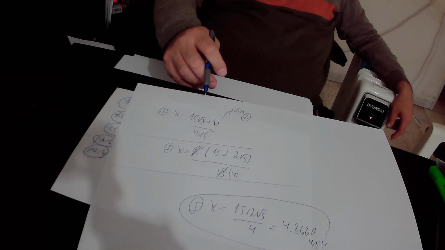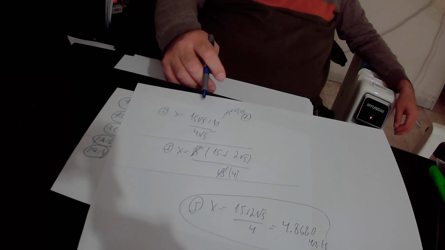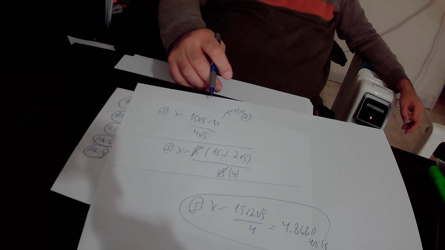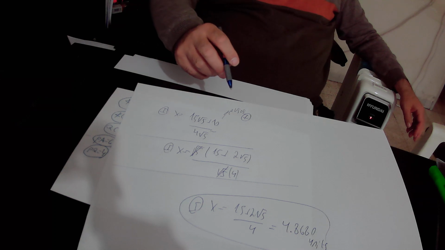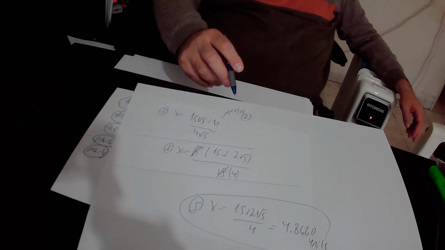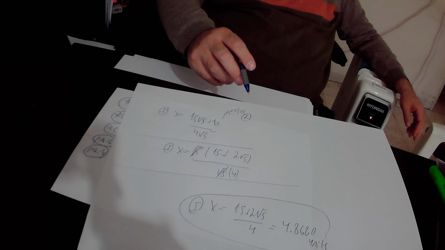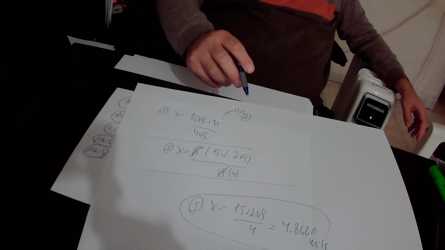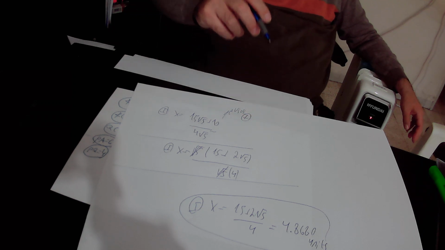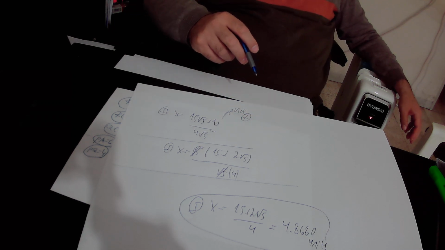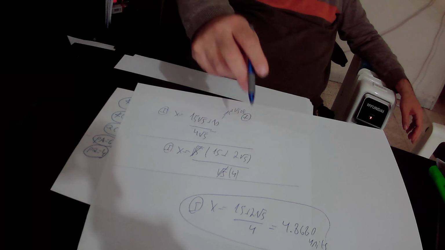What is left from 15 times square root of 5 after we took from it square root of 5 as a common factor? It is actually 15. What is left from 2 times square root of 5 times square root of 5 after we took from it square root of 5 as a common factor? It's actually 2 times square root of 5, all divided by square root of 5 times 4.